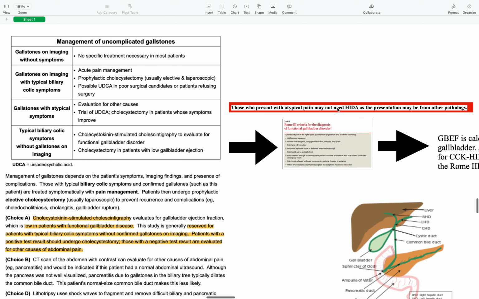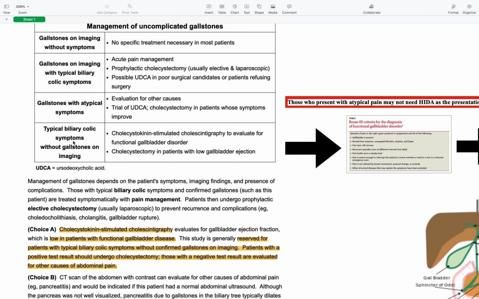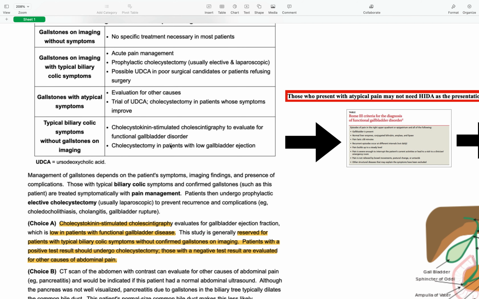Then how about patients who present with typical biliary colic symptoms without gallstones on imaging? Now this is a trivia. Here what you do is basically a HIDA scan with cholecystokinin stimulation.